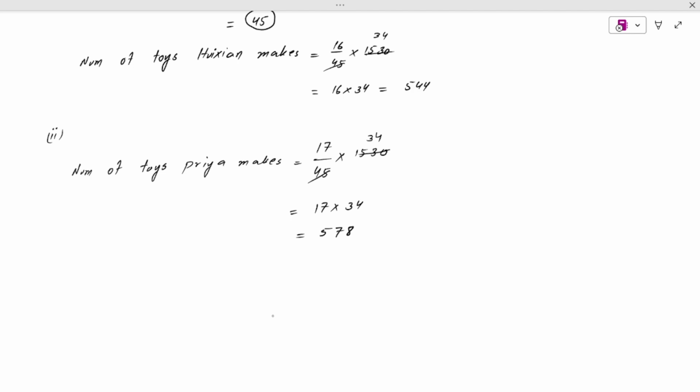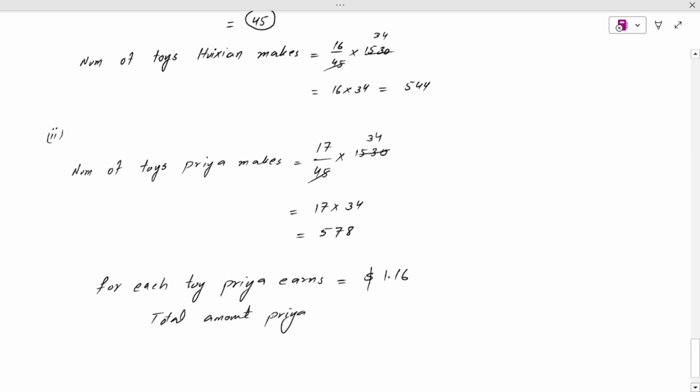So for each toy, Priya earns $1.65. So the total amount Priya earns is equal to 1.65 times 578.